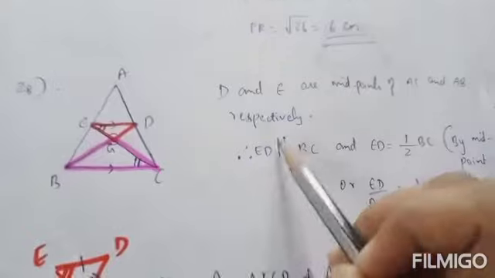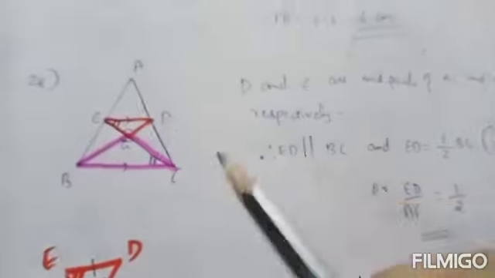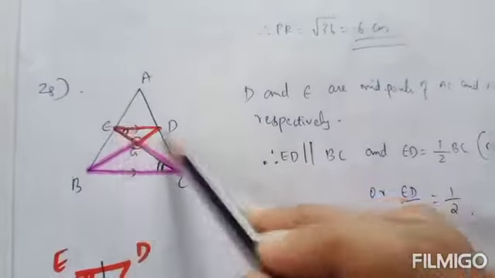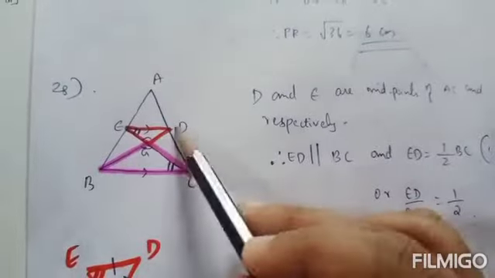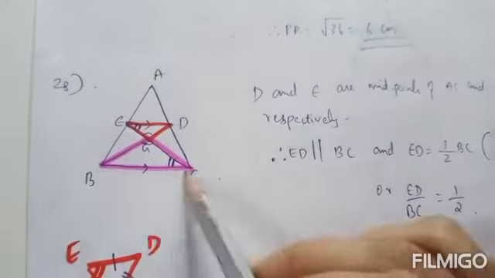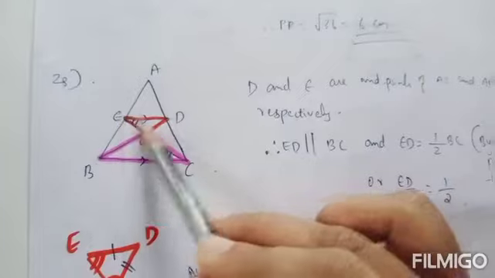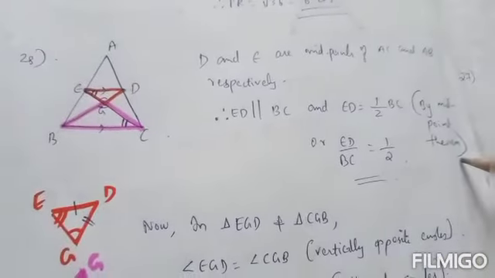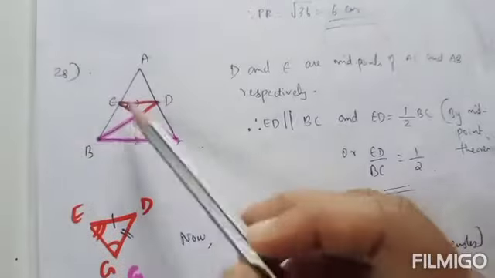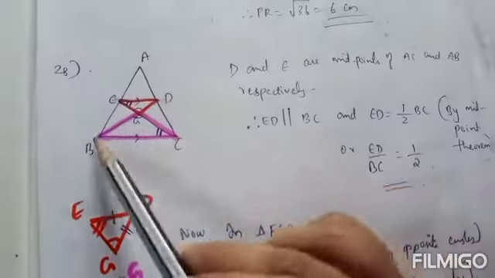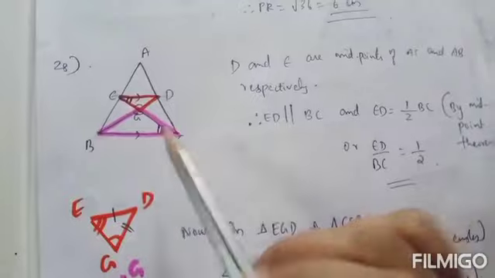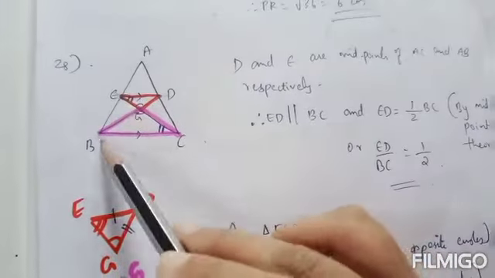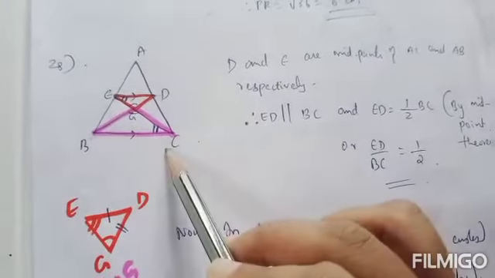So if D and E are midpoints of AC and AB respectively, we can say ED, the line joining the midpoints, will be parallel to BC and ED equal to half BC by the midpoint theorem. The midpoint theorem says the line joining the midpoints will be parallel to the third side and its length will be equal to half the length of the third side.